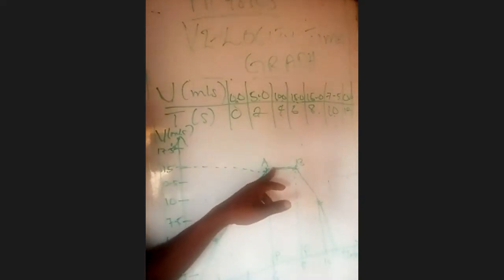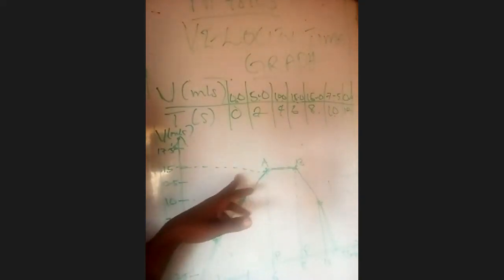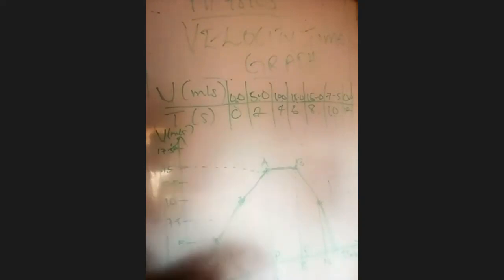Now let's look into the graph that is on the board. I'll try to label some parts of the graph so that we can do some little calculation on the graph that we just drew on the board. When the body maintains uniform velocity, when it reaches 15 meters per second, AB, we call it AB.